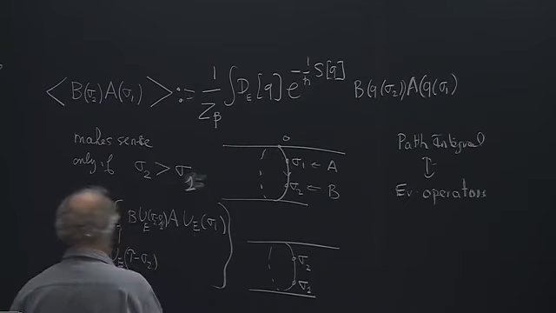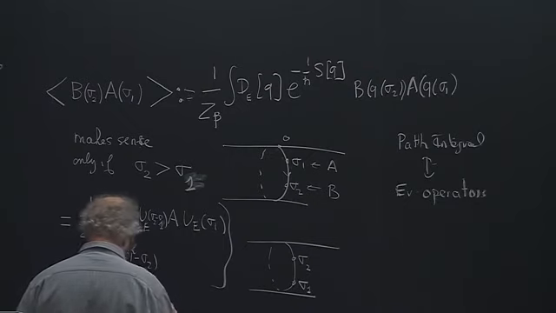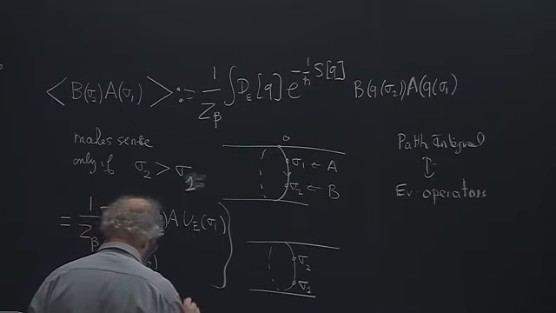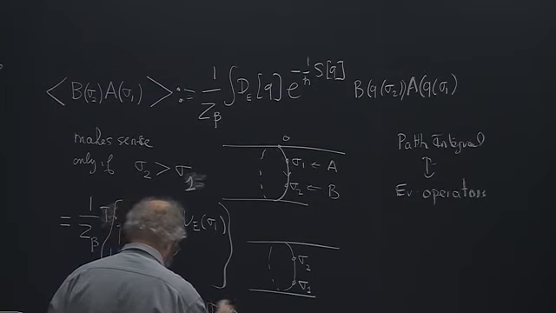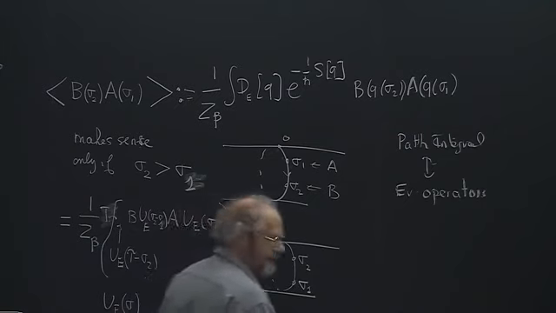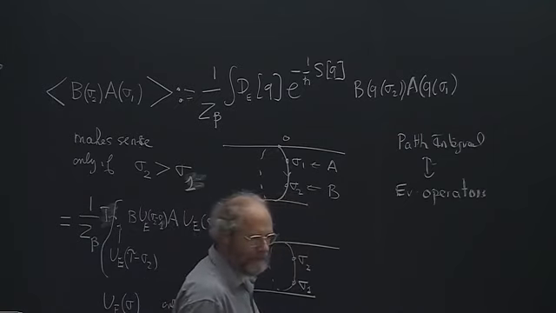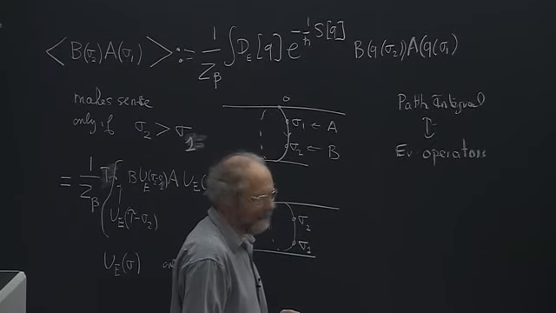And that's simply because UE of sigma is defined only if sigma is positive. It's not defined if sigma is negative. So your point is just that thing that you call the definition, you only use that as a definition if sigma 2 is bigger than sigma 1. Yes.